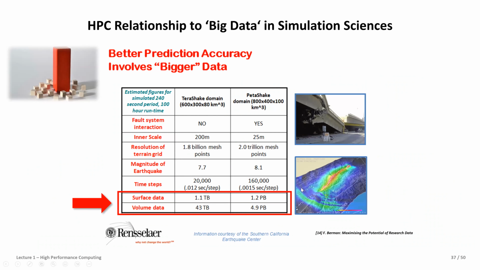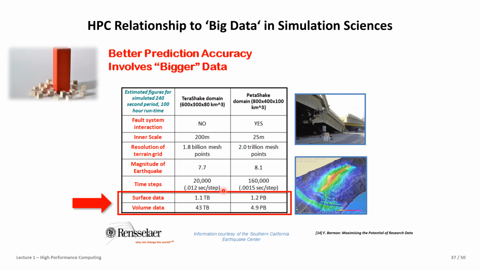Now, some relationships when I talk big data, what that means in high performance computing. Here's a very good example that I got from my colleagues from San Diego. You see here a simulated earthquake in a TeraShake domain. We have 1.1 terabytes of surface data and then 43 terabytes of volume data, because we also want to look into the Earth, obviously.